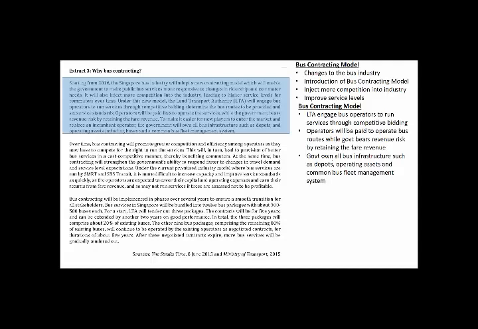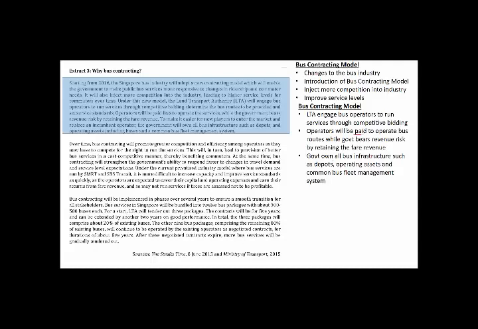So what LTA has done is that they have broken down Singapore into various bus routes. So for example Ang Mo Kio, this route will be put up for tender, and bus operators have to bid.